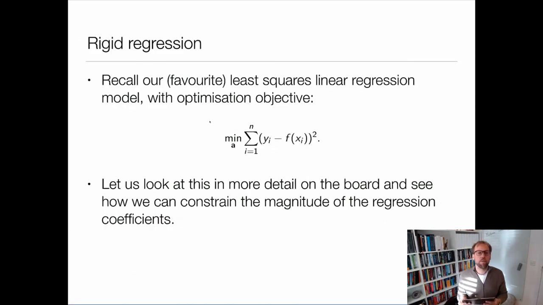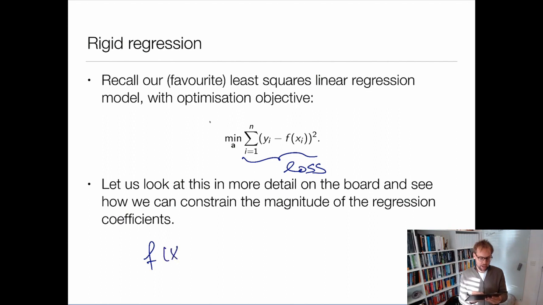So let's recall from the first lecture, where we did linear regression, that we were looking at an optimization problem. We want to minimize a loss function, the least squares loss, over all the parameters a, where a are the coefficients inside of this function.